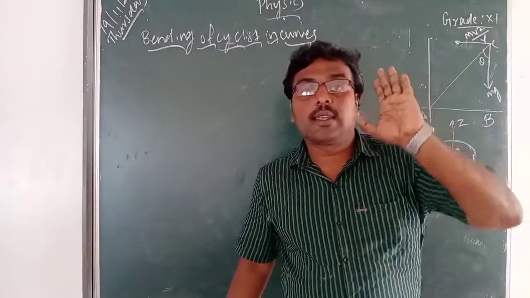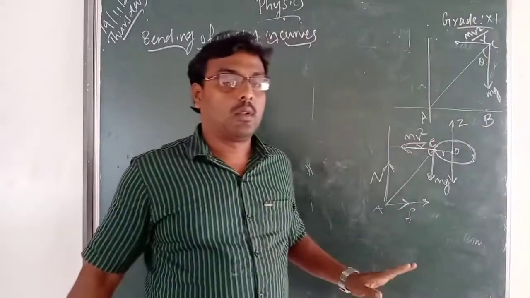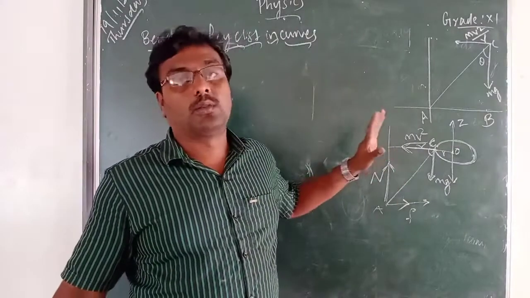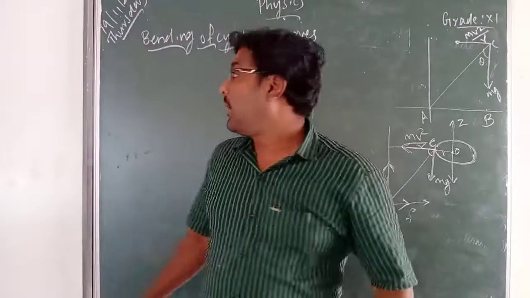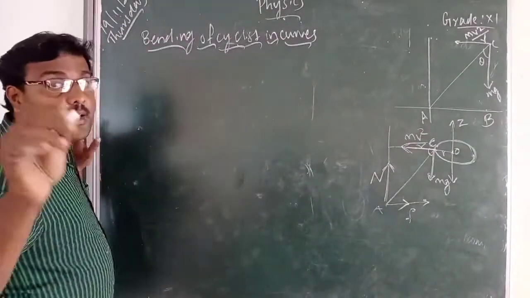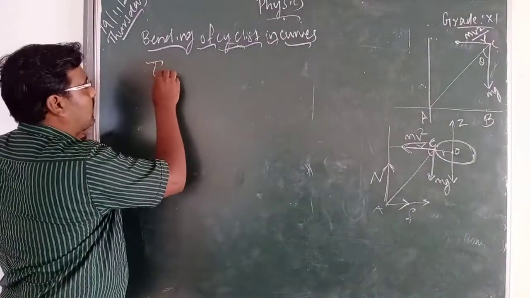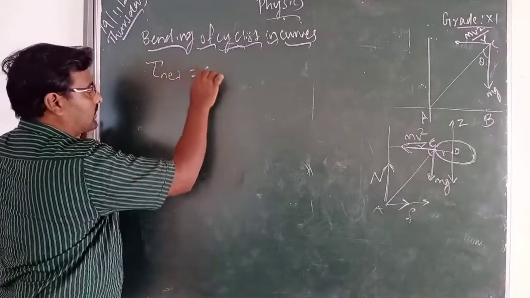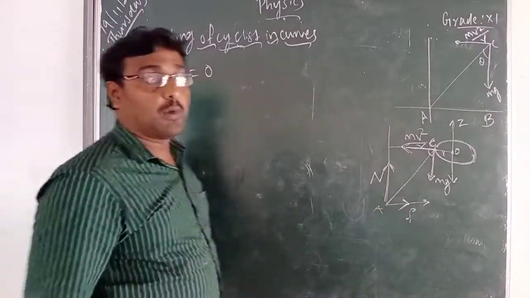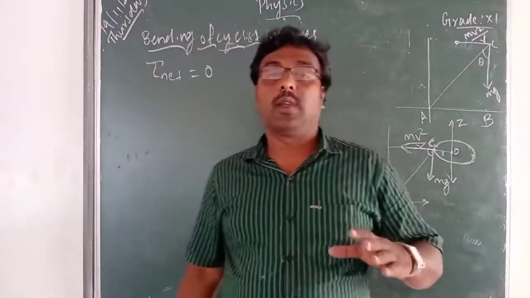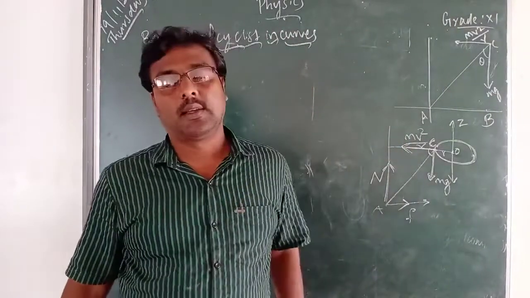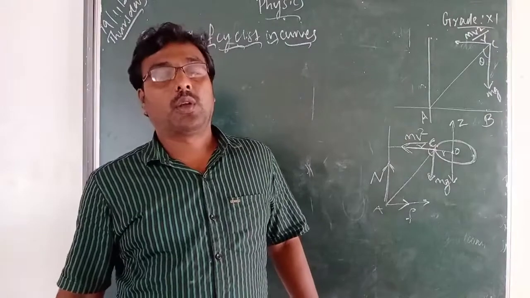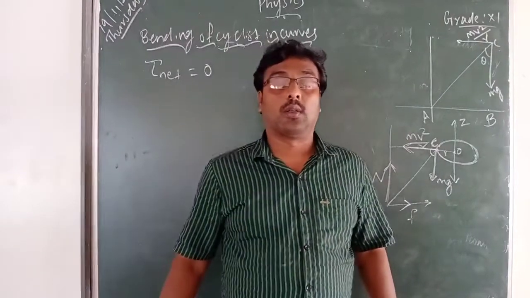For rotational equilibrium, you can look through the rotating frame. For rotational equilibrium, the net torque is 0. From the view of this rotating frame, the net torque is 0, so you have to find out the net torque.